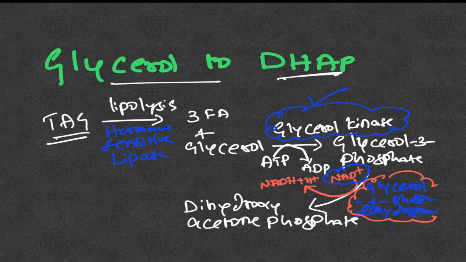Once you get dihydroxyacetone phosphate, you know it is a glycolytic intermediate and it can be reversed into glucose. Dihydroxyacetone phosphate is a 3 carbon molecule that can be converted to glyceraldehyde 3-phosphate. Of course, you need 2 glycerol molecules to make 1 glucose, because glycerol is a 3 carbon molecule and glucose is 6 carbon.